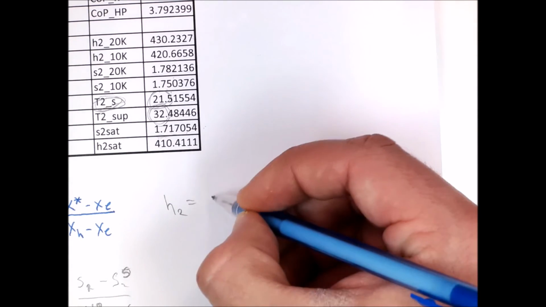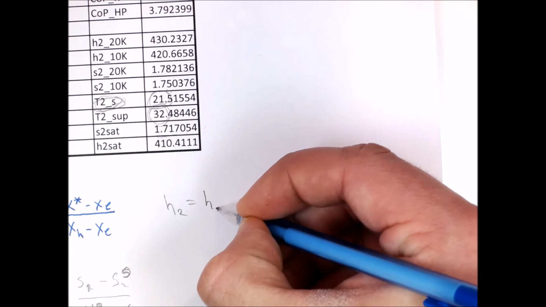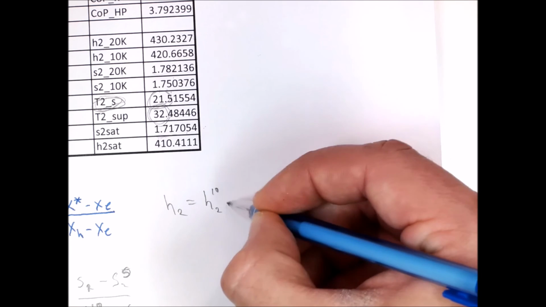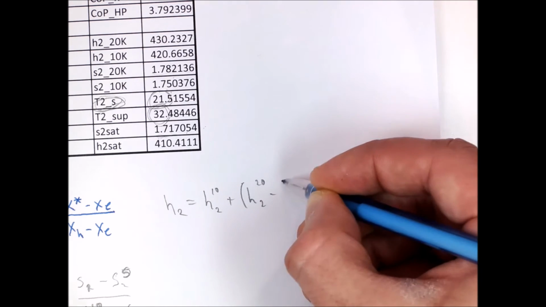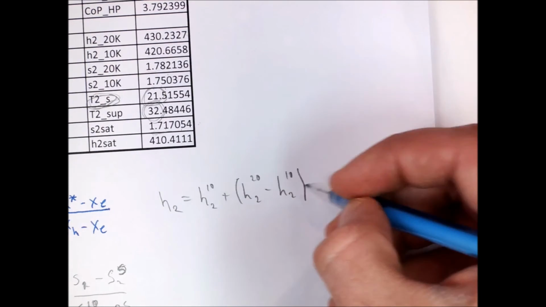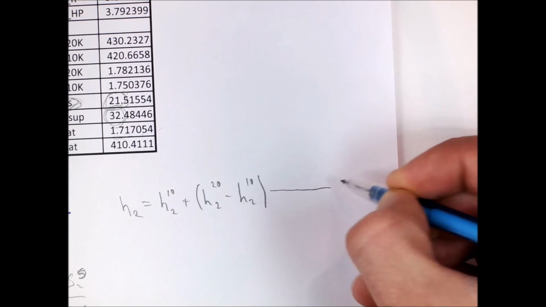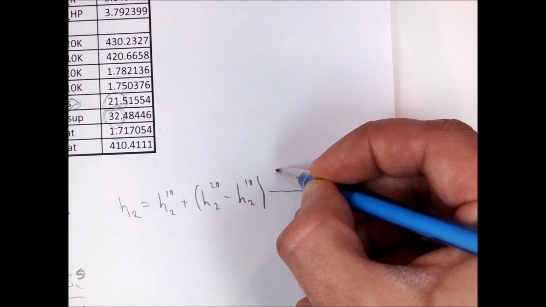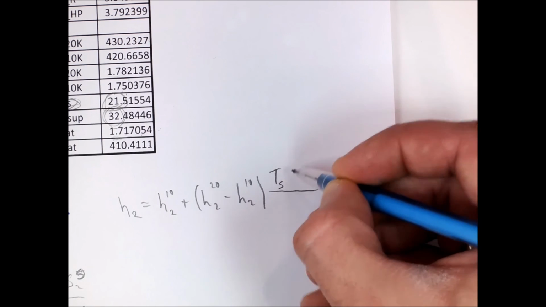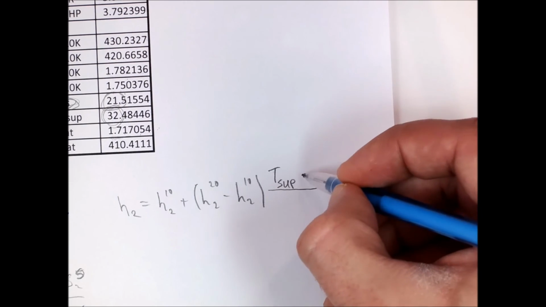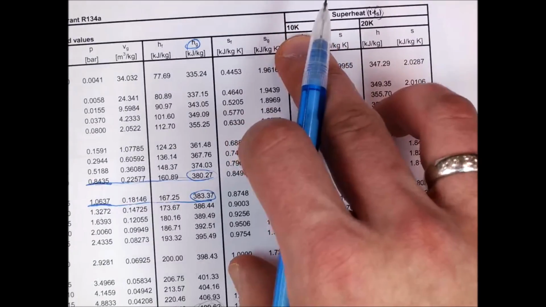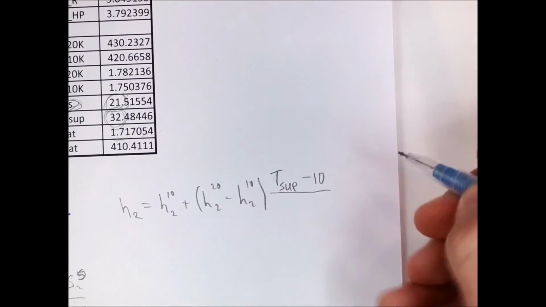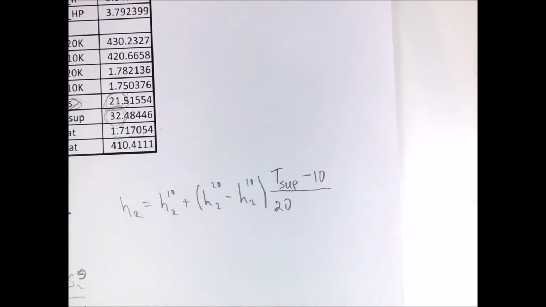The actual enthalpy is equal to the enthalpy at 10 Kelvin superheat, because now we're dealing with no superheat, plus the enthalpy at 20 Kelvin superheat minus that at 10, nothing fancy, times the temperature of superheat that we've just obtained minus 10, because one of our data points is 10 Kelvin, and on the bottom we have 20 minus 10, because our other data point is 20 Kelvin.